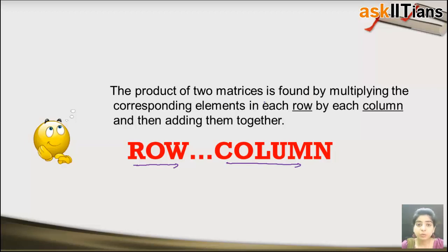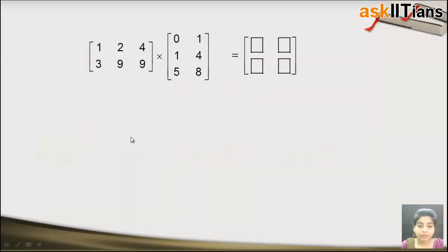The product of two matrices is found by multiplying the corresponding, this is an important word, corresponding elements in each row by each column and then adding them together. So the order you are going to follow is row and then column. I will discuss it with various examples, you will be able to understand it easily.